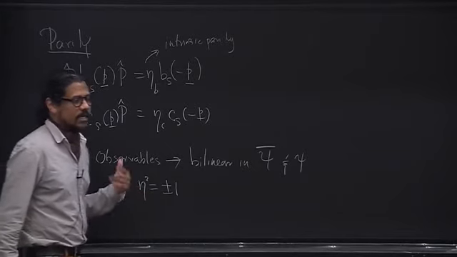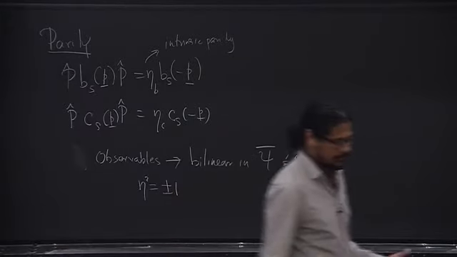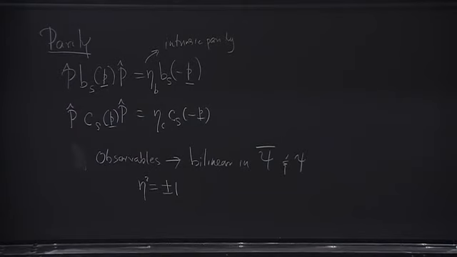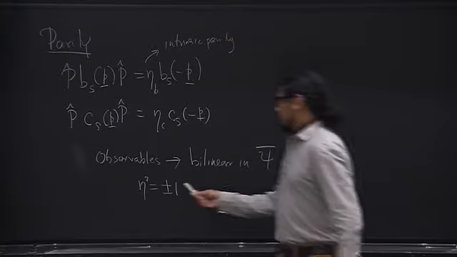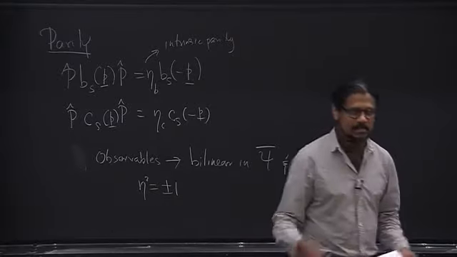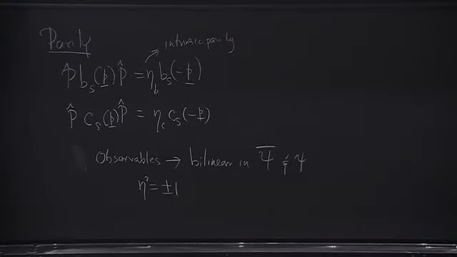You can actually have eta squared equal to -1. Because in the observables, if you apply parity twice, then you would pick up 2 minus signs if you chose eta squared equal to -1, and then your observable would remain invariant under parity. Okay?